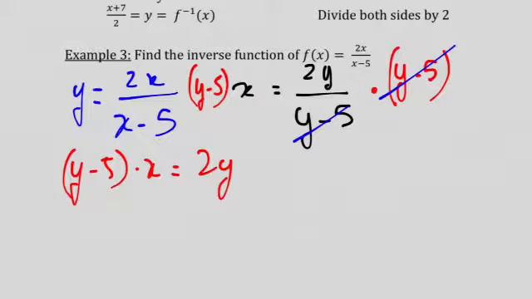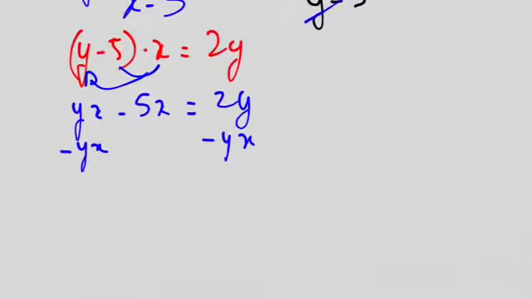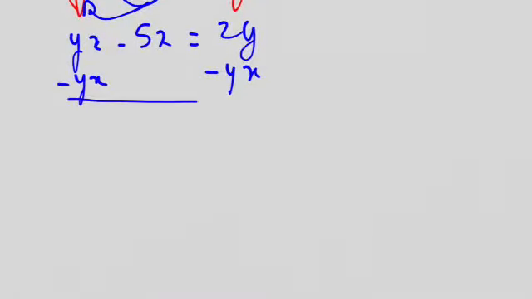I'm going to end up with yx minus 5x equals 2y. I'm going to move all the terms with y to one side, so I'm going to subtract yx both sides, and end up with negative 5x equals 2y minus yx.